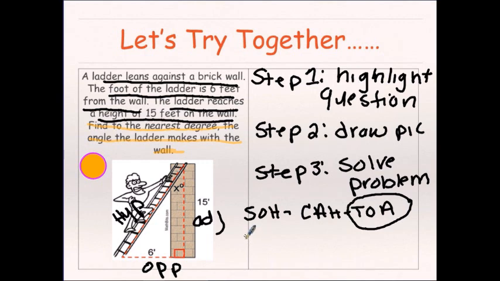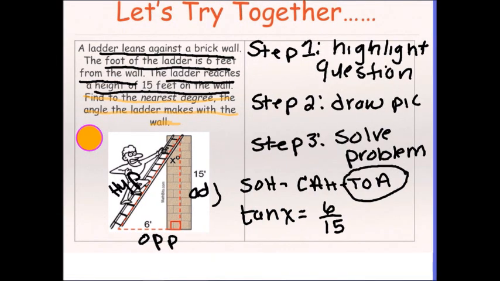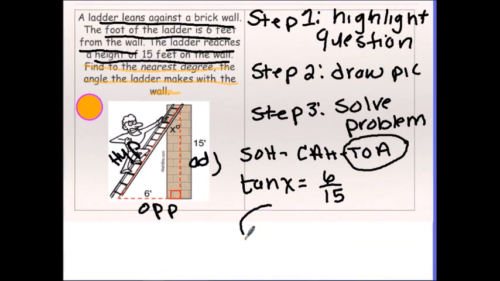So I know I'm going to have tan of the angle that I'm looking for equals 6/15. Now I need to draw my circle so I can figure out how I'm going to find this x. So tan x equals 6/15.